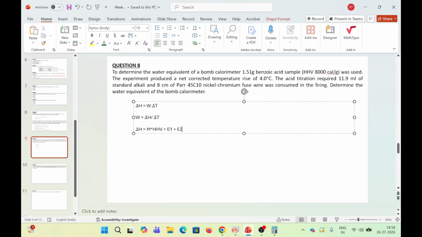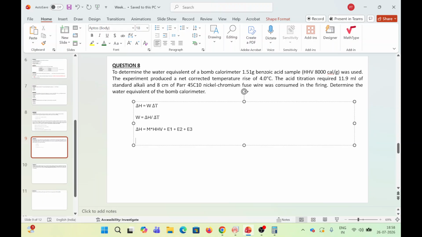E2 plus E3. These E1, E2, E3 are basically because when you do this process, some amount of the energy will be consumed. It's not that the entire 100% of the energy that was combusted is going to get transferred into water. Some of the energy may also be consumed for other purposes, like burning of this nickel chromium fuse wire. 8 centimeter has been burned, so over there also energy has been expended.